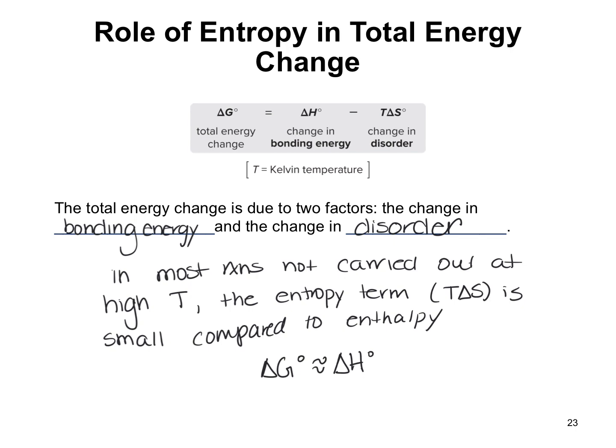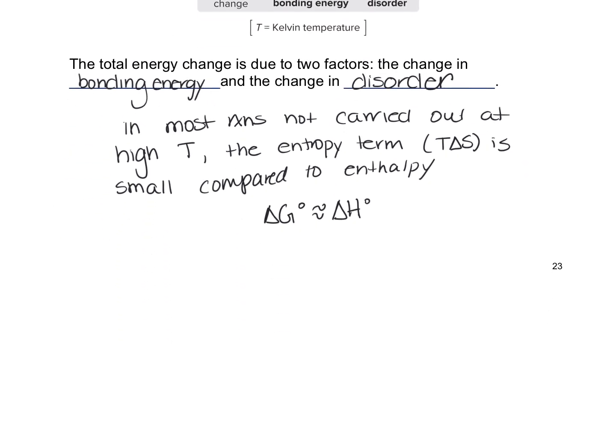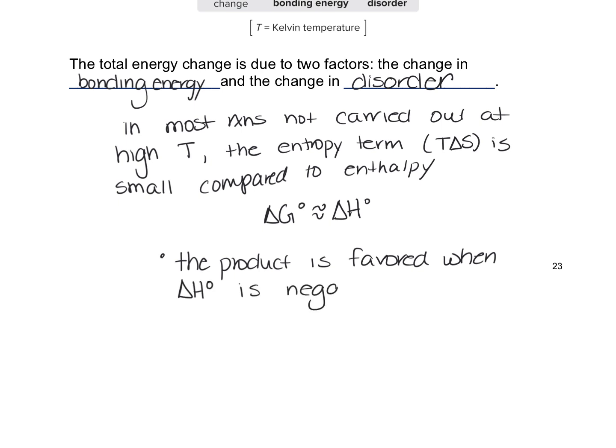Now, according to this approximation, the product is favored when delta H naught is negative, because then delta G is negative, because we can mostly ignore entropy.